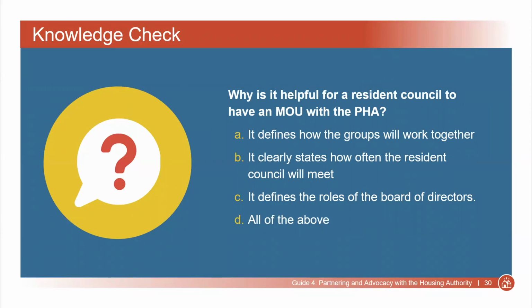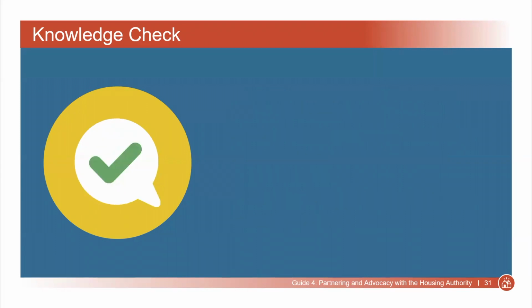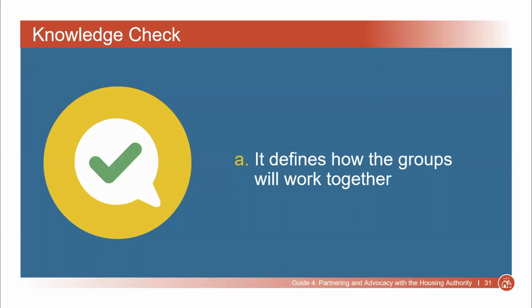We'll pause for a moment while you consider your answer. The answer is A. An MOU defines how the resident council and PHA will work together, including how often the groups will meet together. It does not define the structure or work of the resident council, though.